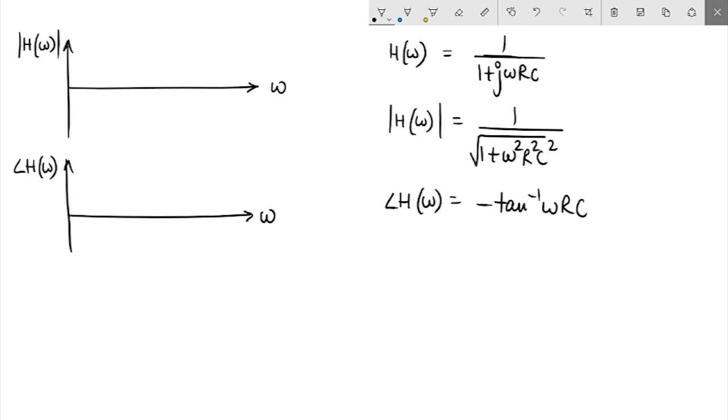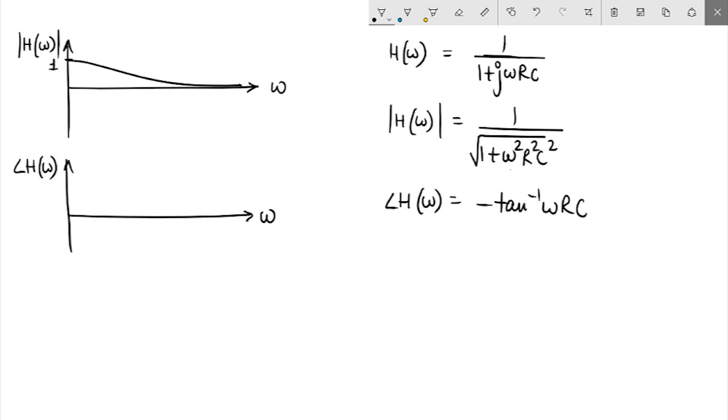As omega tends to 0, the magnitude of H omega tends to 1. Now, as omega increases, this term decreases, and as omega tends to infinity, this term tends to 0. So it looks something like this.